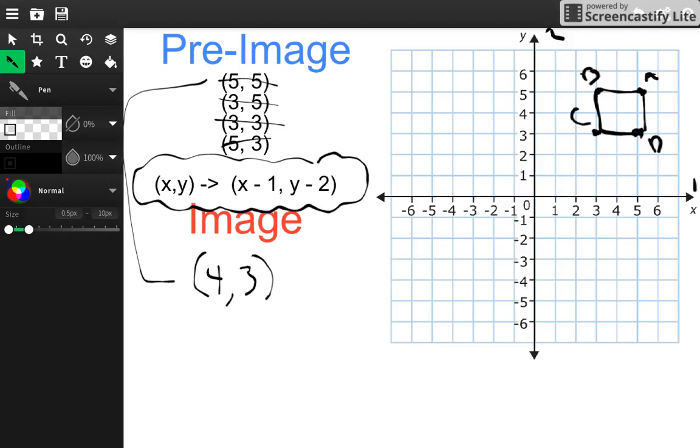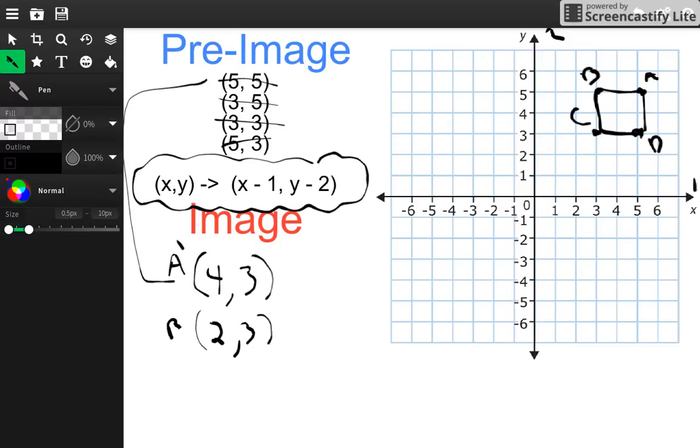Okay, this is where your prime notation is going to come in. This is going to be known as A prime because you just made a copy of it, but you moved it. So let's go ahead and go through the rule on all 4 of these, and then we'll plot them. So 3 was your X value. 3 minus 1 is 2. 5 minus 2 is 3.